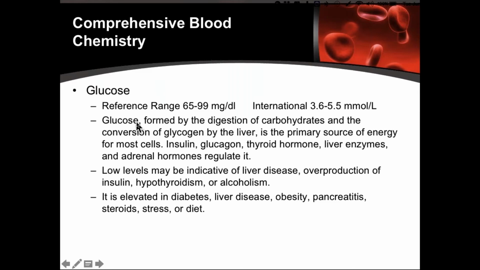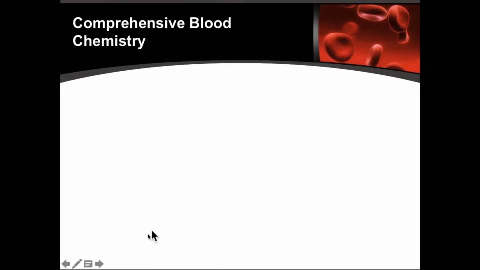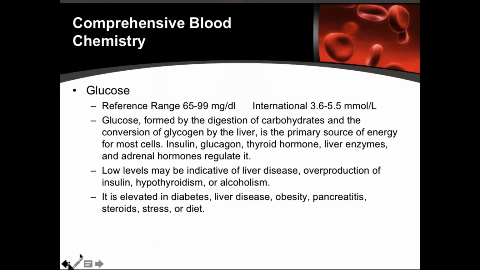Glucose is the primary source of energy for most cells. Insulin, glucagon, thyroid hormones, liver enzymes, and adrenal hormones regulate it. What did we just say? We just said that if you have a patient, guys, that comes in, and this patient is, let's say, borderline diabetic after you do a fasting glucose on them.